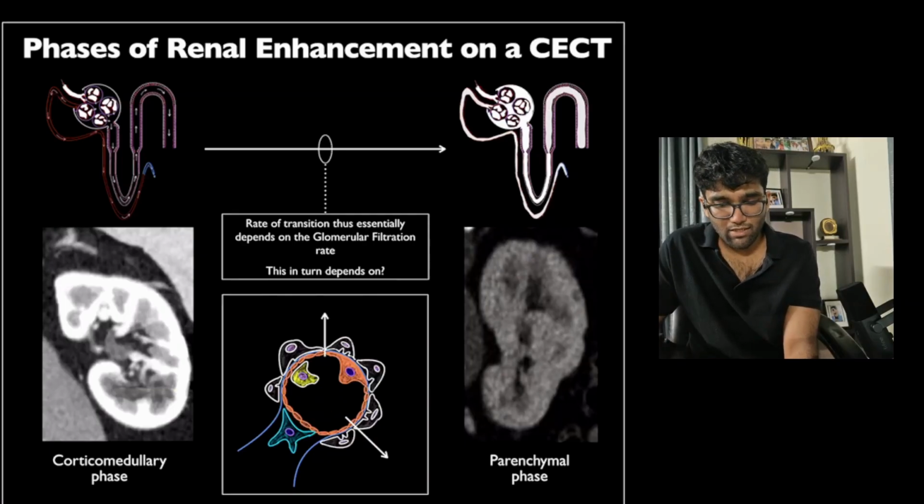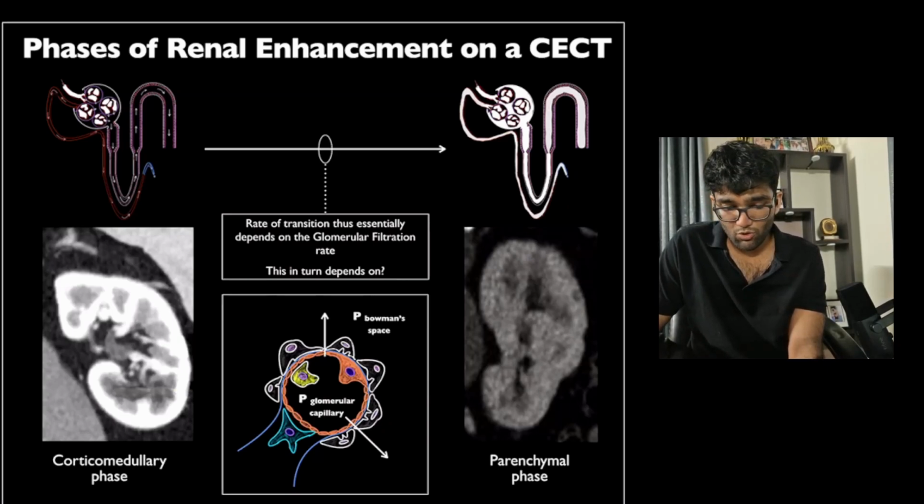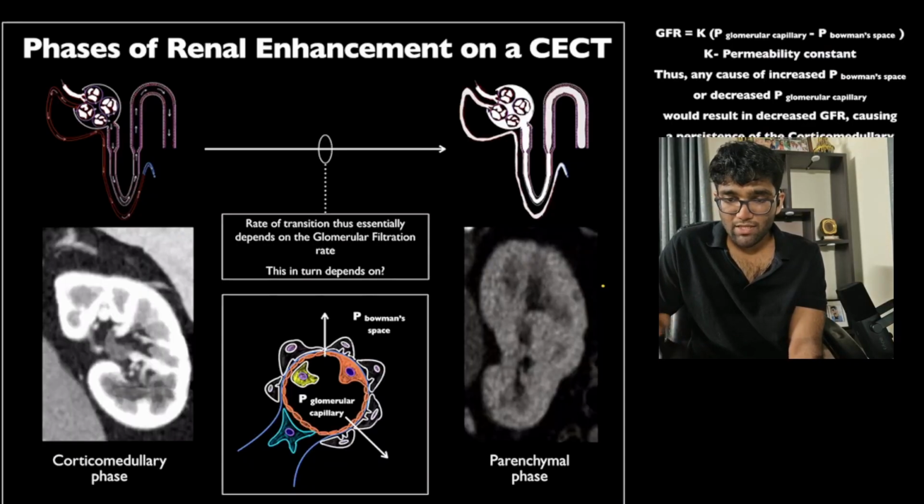And the pressures that determine this are the pressure within the Bowman space, that is P Bowman space, and the pressure within the capillary of the glomerulus, that is P glomerular capillary, and naturally the equation that determines this is the GFR is equal to the filtration constant K times the difference between the pressure within the glomerular capillary and the pressure within the Bowman space.